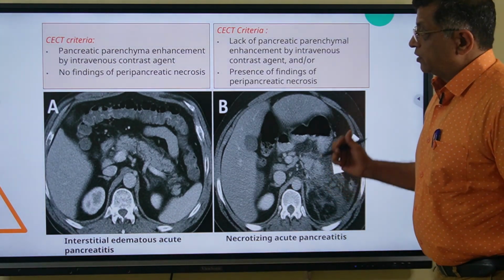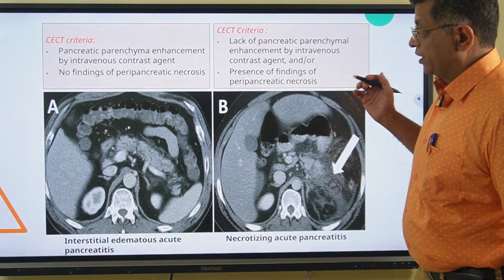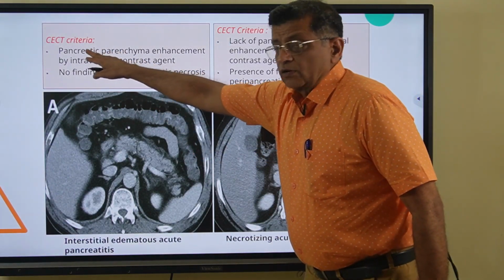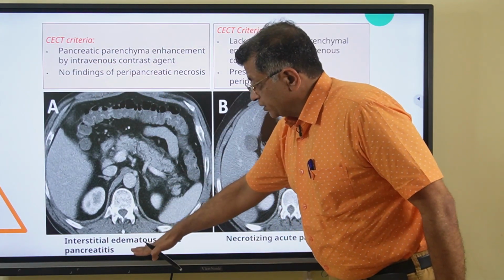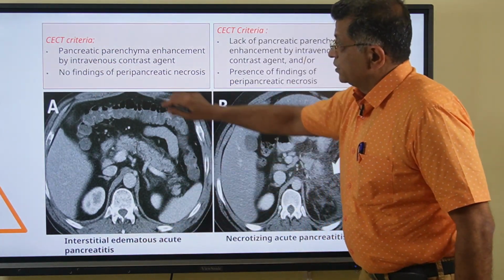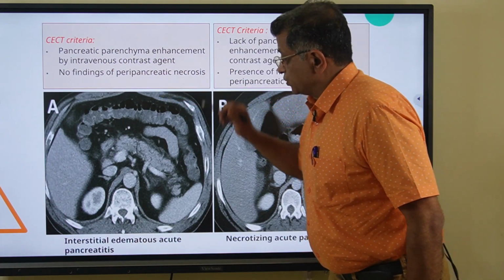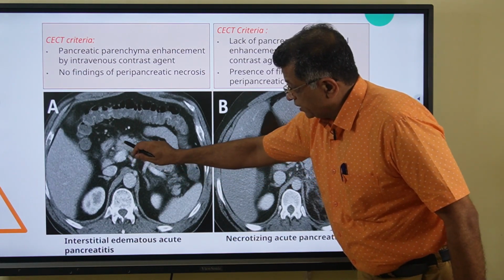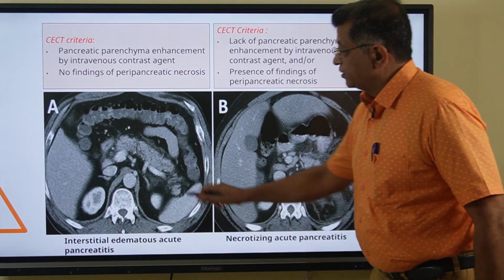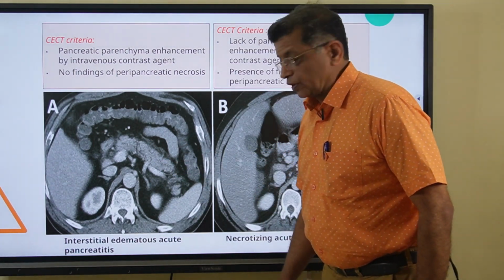This CT film will give clarity into what we are saying. On contrast enhanced CT, in interstitial edematous pancreatitis, there is pancreatic parenchymal enhancement by intravenous contrast. You can see the whitish pancreas nicely enhancing with the contrast, and there is no blackening or black spots which would suggest necrosis.